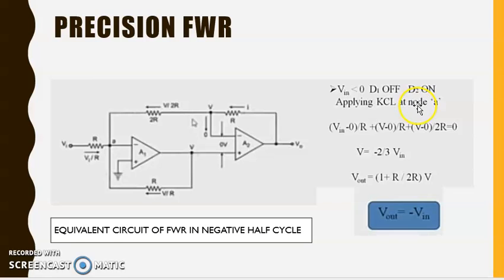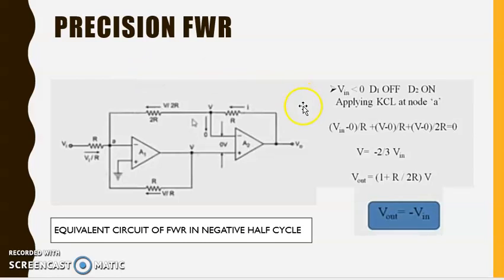Applying KCL at node A, we get (V in minus 0) by R plus (V minus 0) by R plus (V minus 0) by 2R. By adding all these terms, we get the final result V is equal to minus 2 by 3 V input.